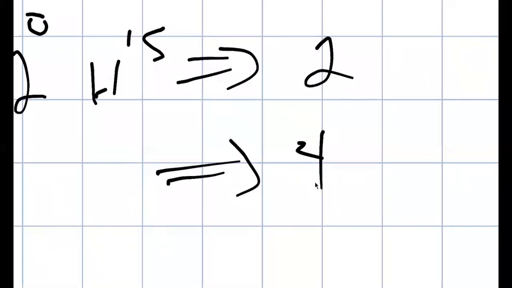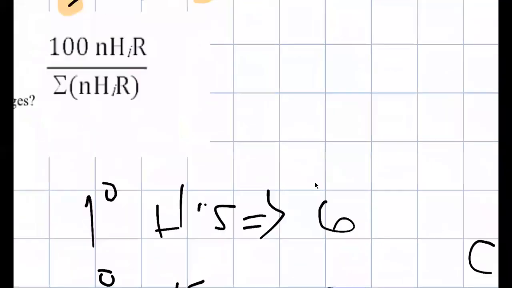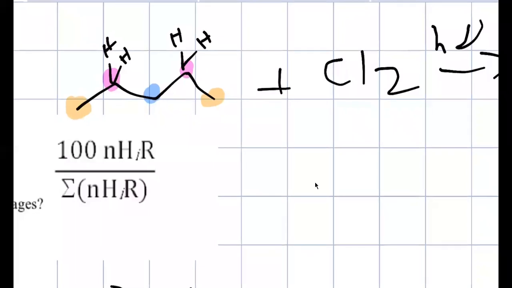That's the 4 right here, the pink ones. And then the blue one here. We following that? So we've got 2 hydrogens at that site that's highlighted in blue. Yes or no? Yes. All right.